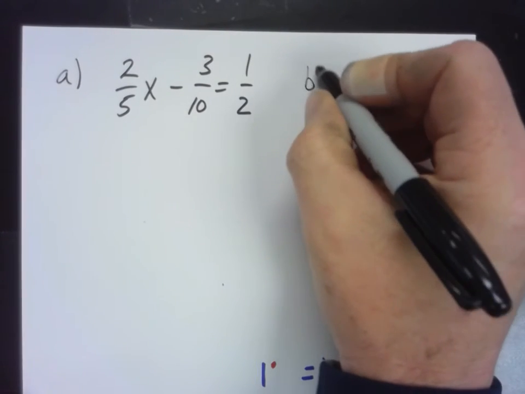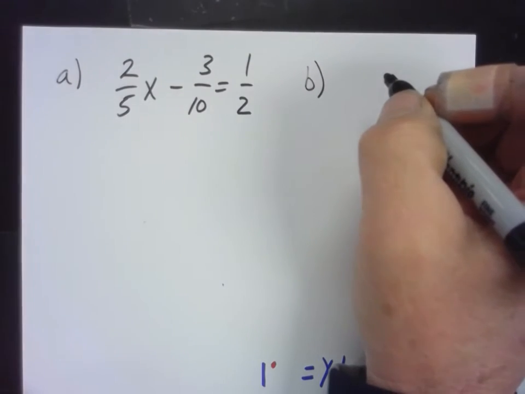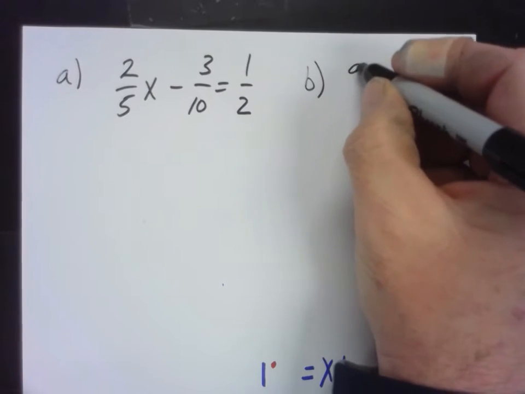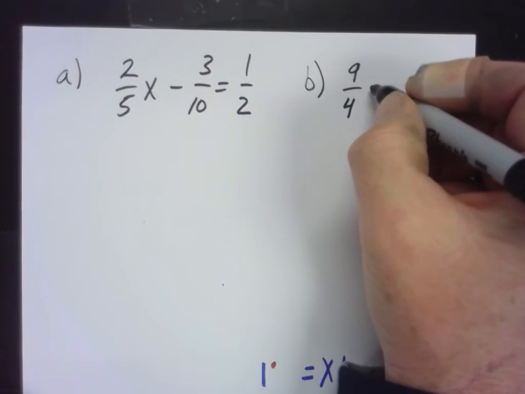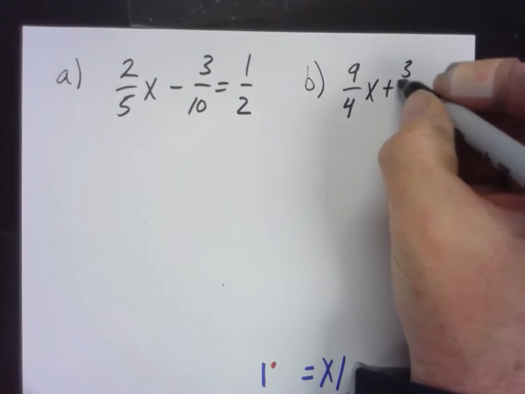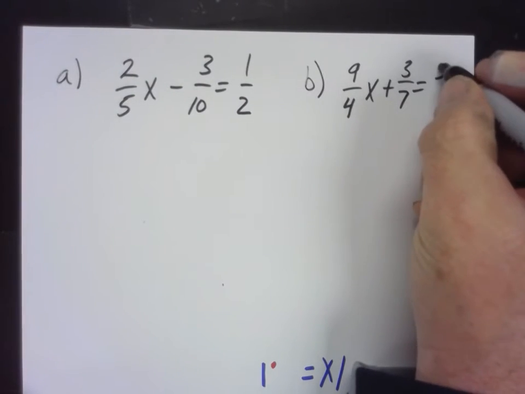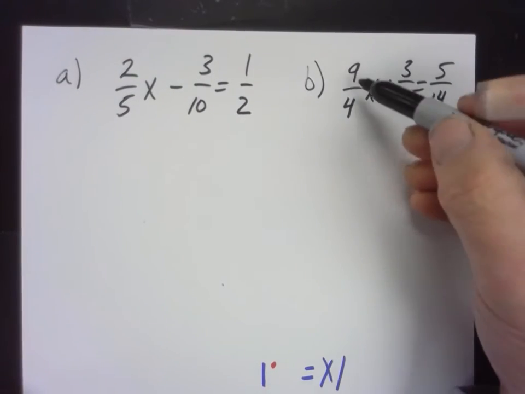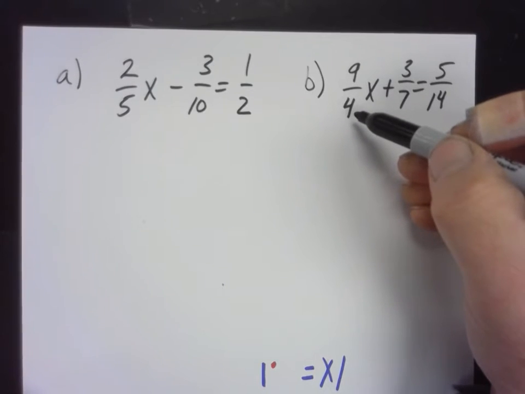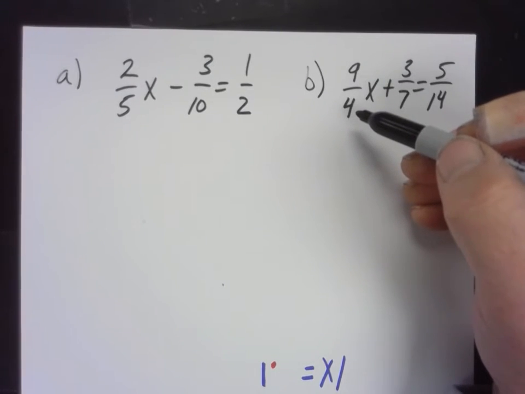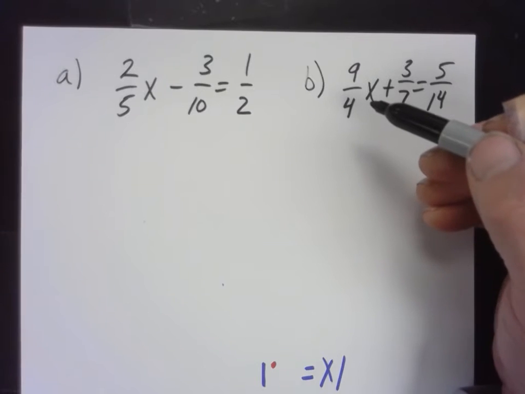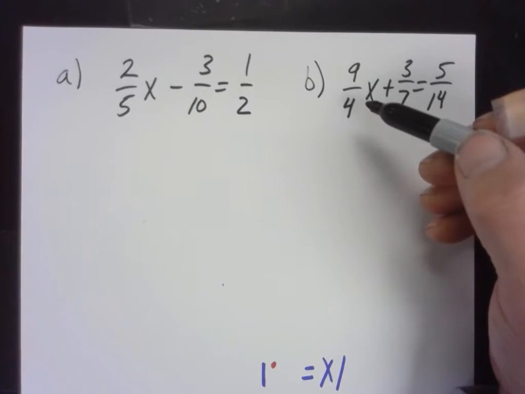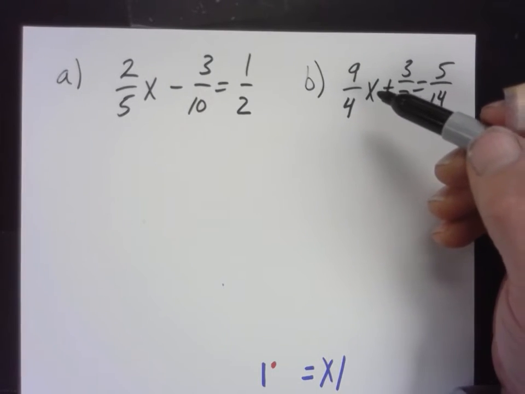And hey, on B, everyone see practice B? The one that says 2 1/4 x plus 3/7 equals 5/14. Do I write down 2 1/4? No, because I know I'm going to have to multiply or divide at some point, aren't I?